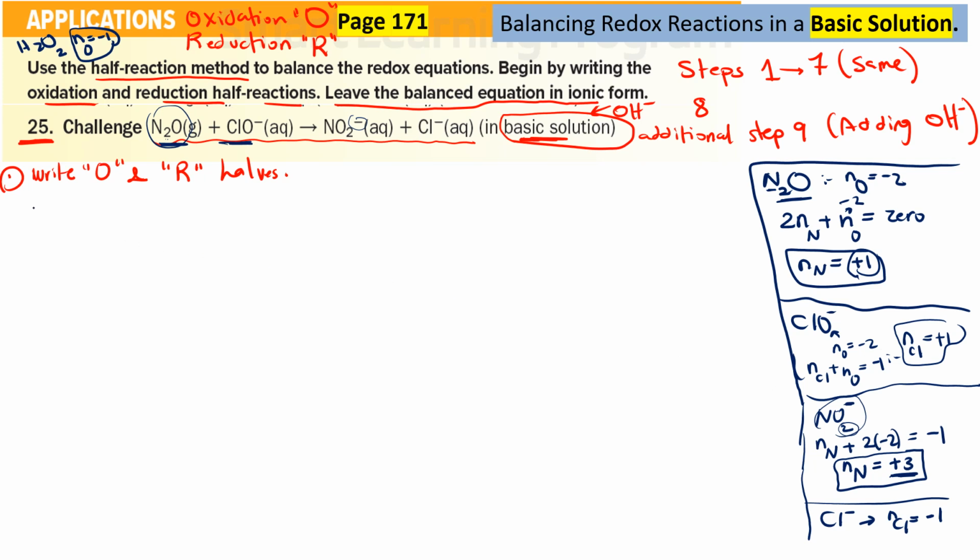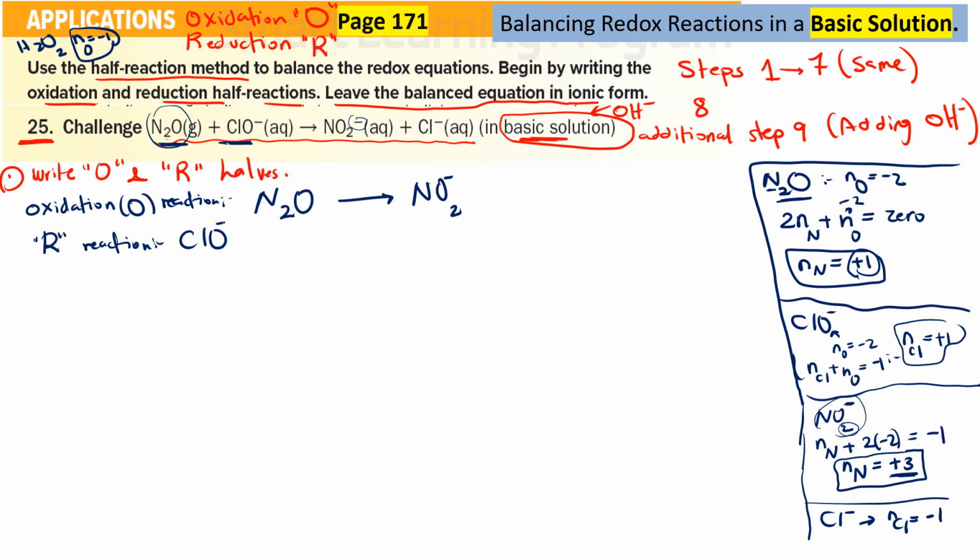So we can now write the oxidation half reaction: N2O gives me NO2 minus. That's it. And then the reduction reaction is going to be ClO minus.